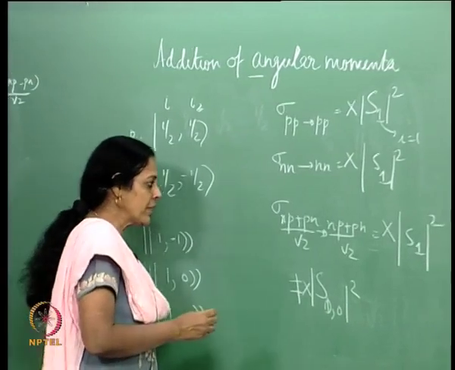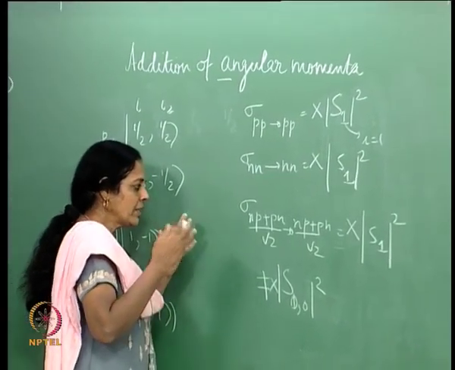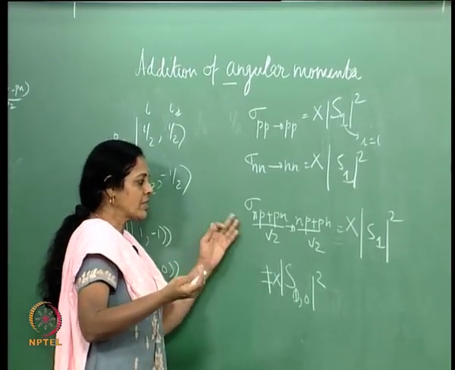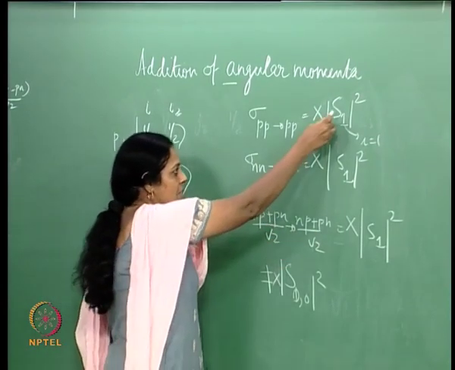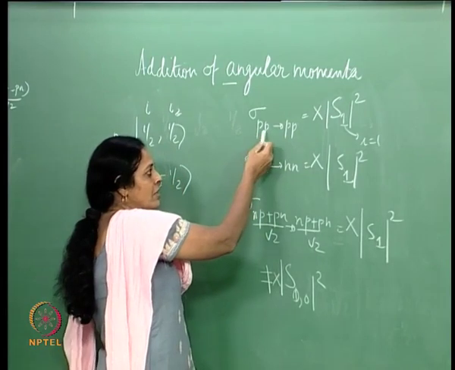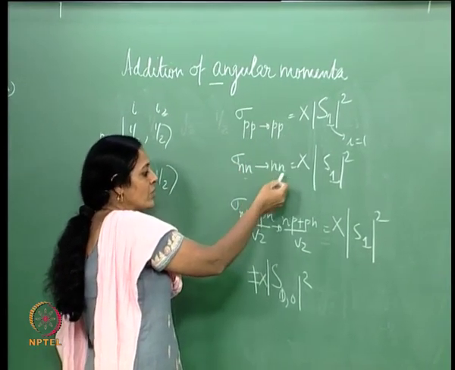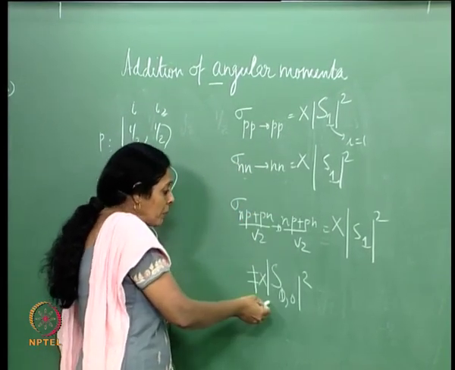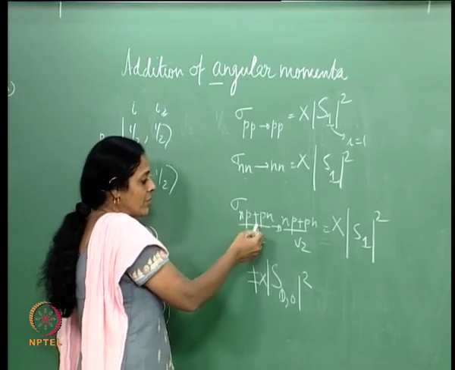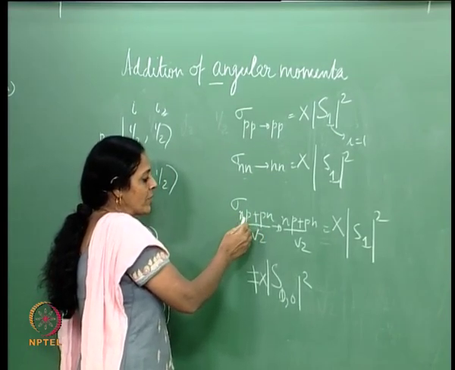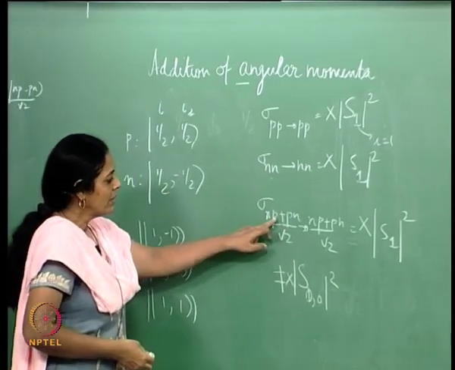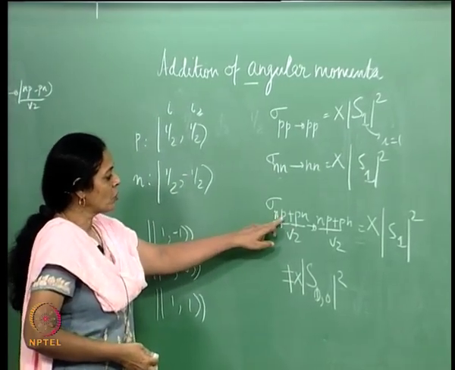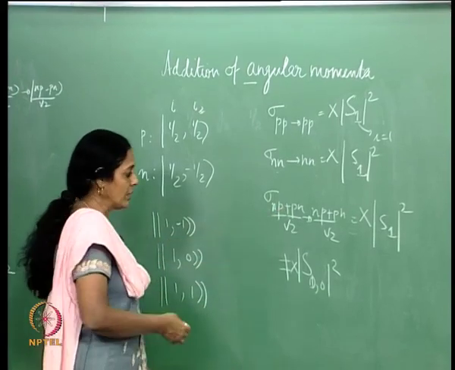So if you prepared the state combining a neutron and a proton as np plus pn by root 2 going to itself, that cross section is the same as the cross section for pp going to pp or nn going to nn. But if you prepared this combination in the antisymmetric state np minus pn by root 2, by antisymmetric I mean that if you interchange the neutron with the proton, you pick up an overall negative sign.